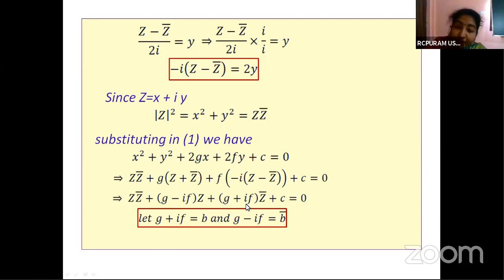So one of them, if you take it as b, the other one should be the conjugate of that complex number. So it is becoming b bar. So when you substitute the conditions what we have taken, we will get it as z z bar plus, what is this? This is b bar, isn't it? So b bar into z plus, this is g plus i f is b. So b into z bar plus c is equal to 0.